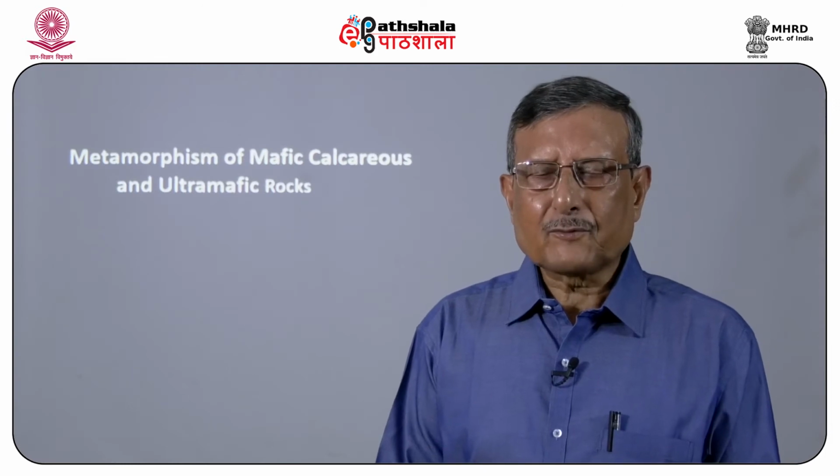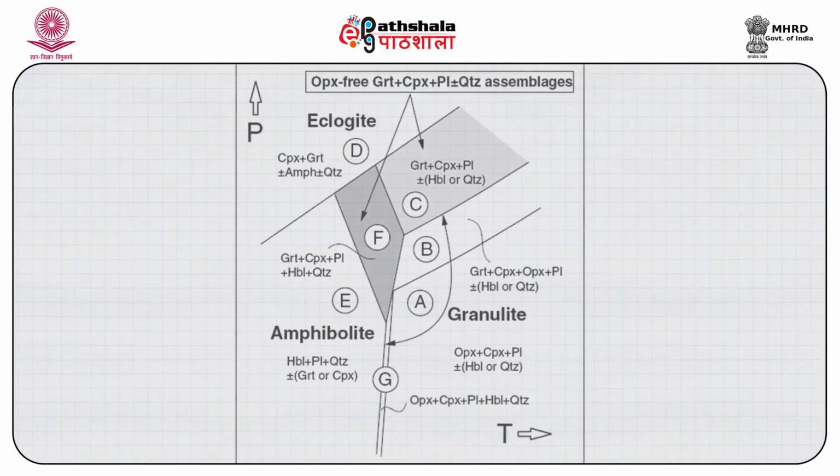Now, in figure 14.12, I have given you a schematic diagram showing the mineral assemblages in mafic igneous rocks in the amphibolite, granulite and eclogite facies. You will note that hornblende, plagioclase with or without garnet are the characteristic mineral assemblage in the amphibolite facies and the 2-pyroxene assemblages in the granulite facies.